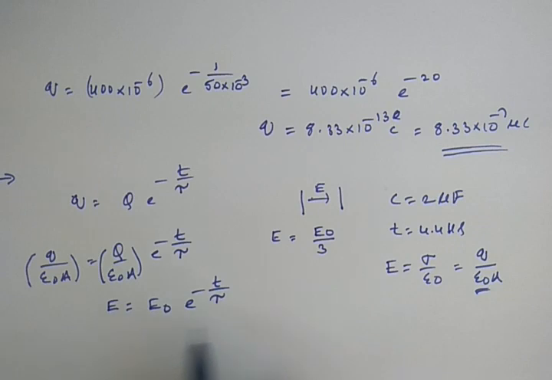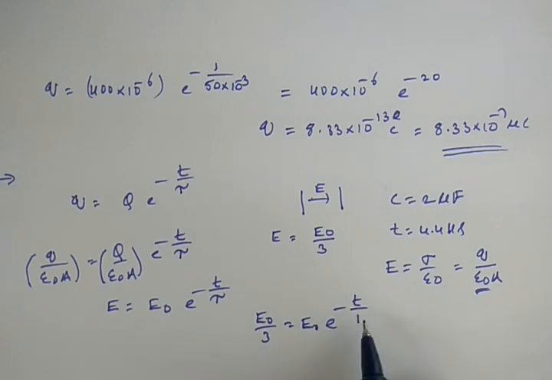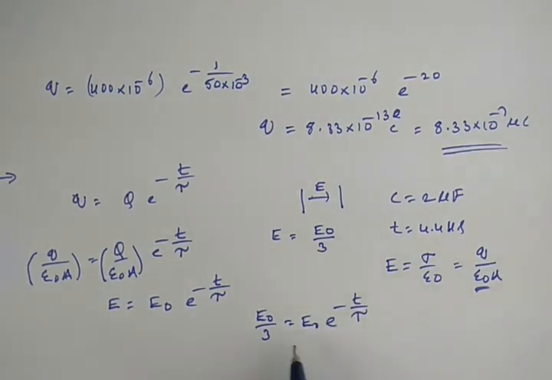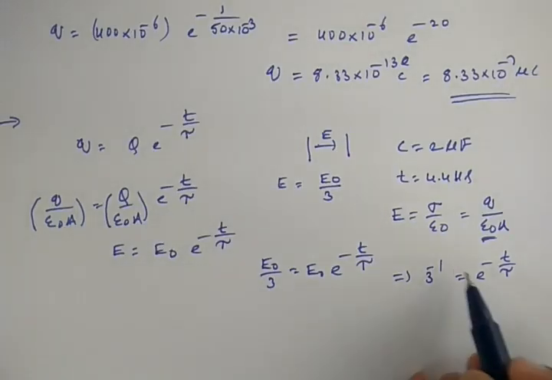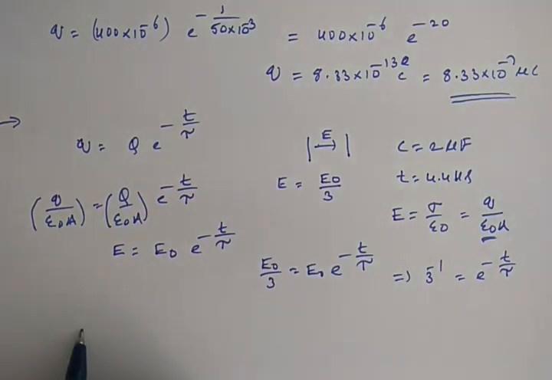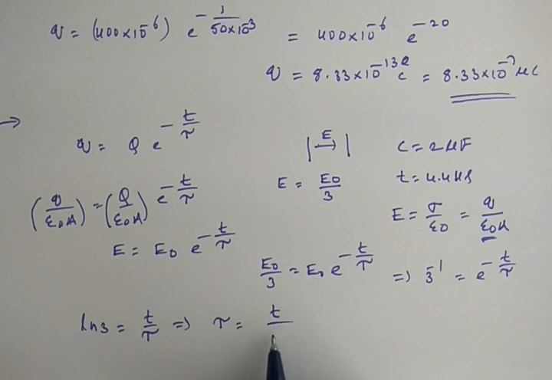So now E0 by 3 equals E0 e power minus t by T. You can cancel E0, then 1 by 3, or 3 power minus 1, equals e power minus t by T. If you cancel the minus signs and take log, then log 3 becomes t by T. That implies T equals t by log 3. Then T is CR, that is t by log 3.